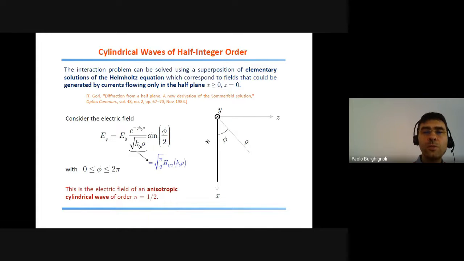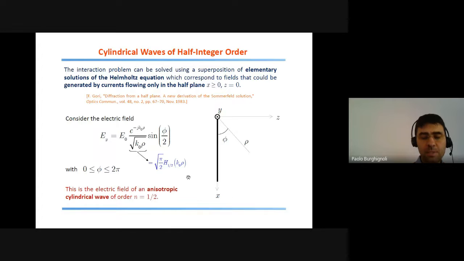You can check immediately, this is a solution of the two-dimensional Helmholtz equation in cylindrical coordinates, rho and phi, in the entire plane, where phi goes from 0 to 2 pi, okay?